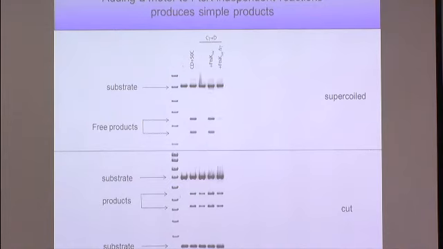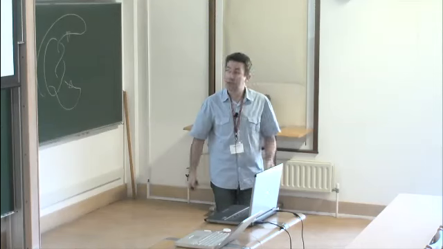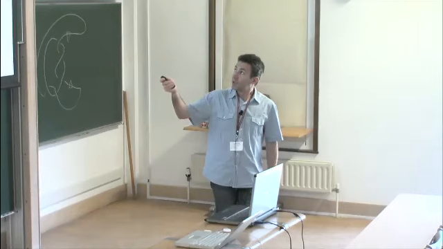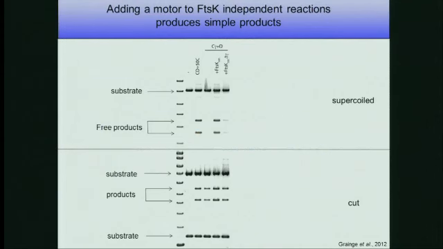We then did the experiment where you add back just the motor protein without that little gamma domain added on. So these fusion proteins are self-activating, so they shouldn't need the gamma domain from FtsK to react. But if you have the intact motor, you get lots of free products.